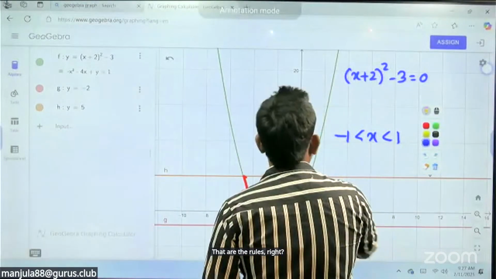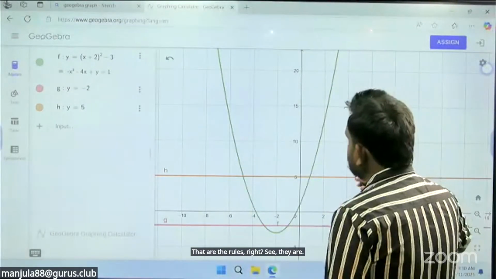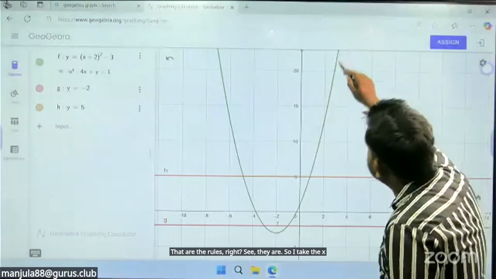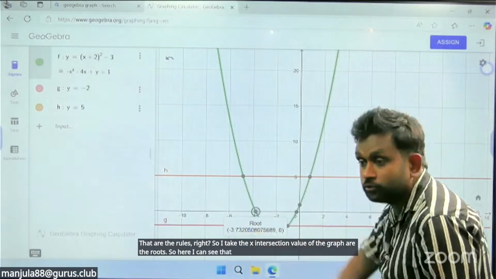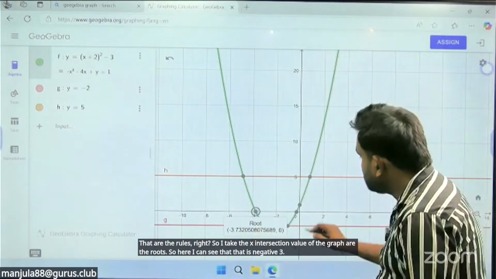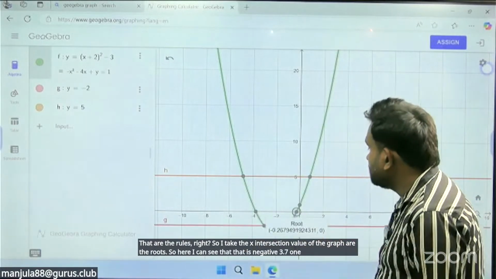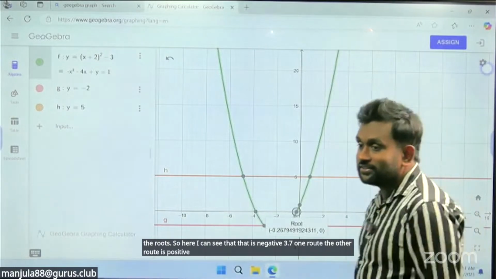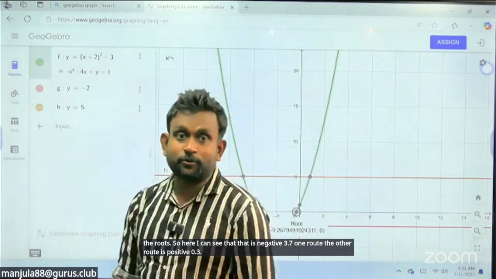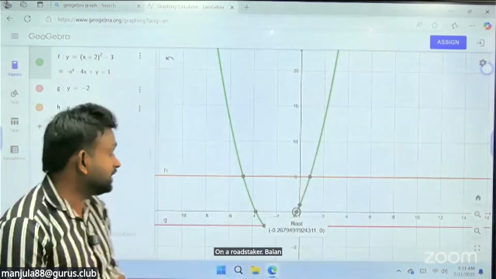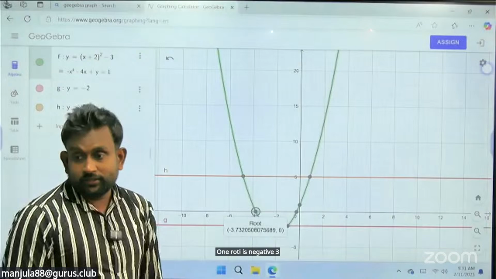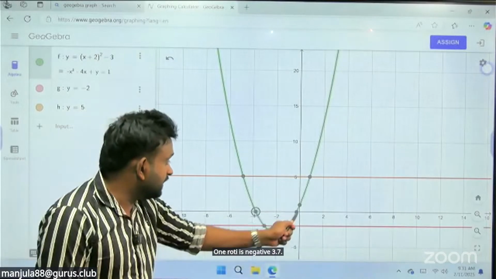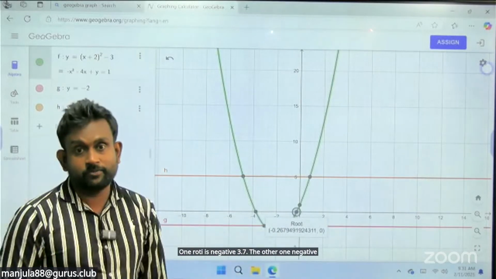See there, so I take the x intersection values of the graph as the roots. Here I can see one root is -3.7, the other root is -0.3.